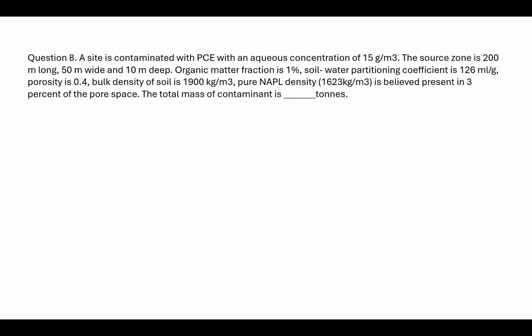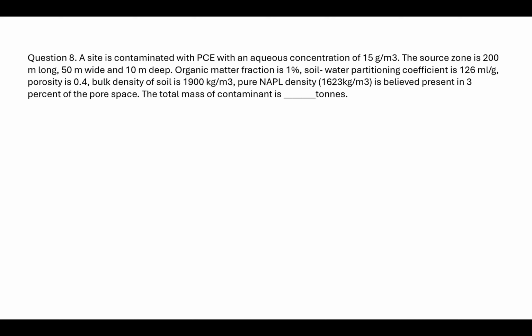Bulk density of soil is 1900 kg per meter cube. Pure NAPL density is 1623 kg per meter cube, and it is believed that it is present in 3% of the pore space.